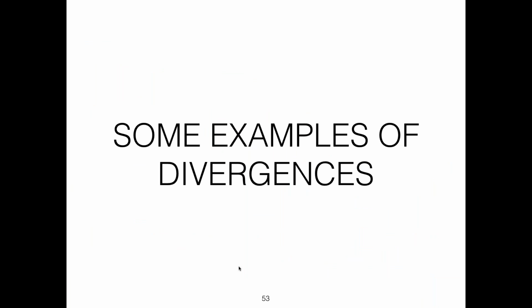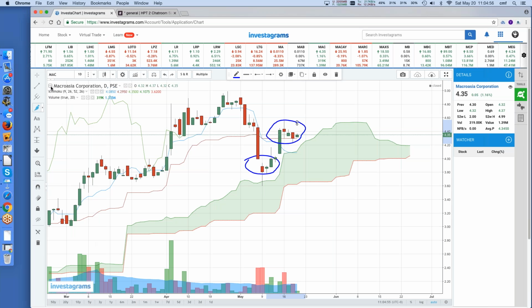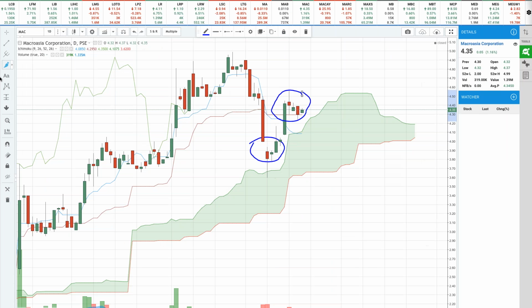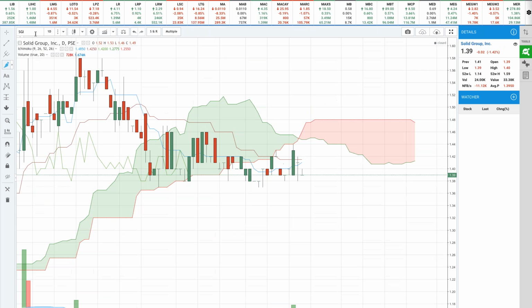Now let's look at some examples of divergences, currently in our charts, using our Kumo chart and Investograms again. So let's look at AGI.